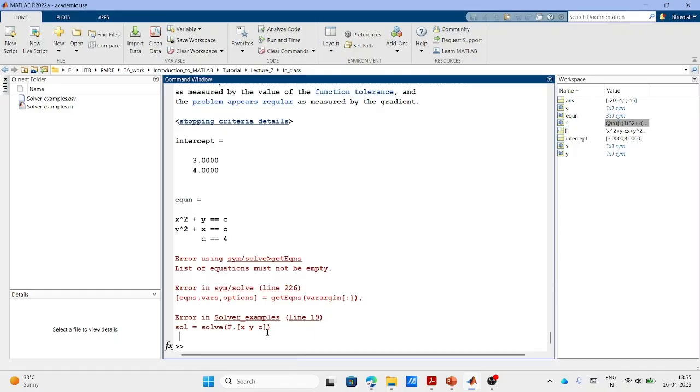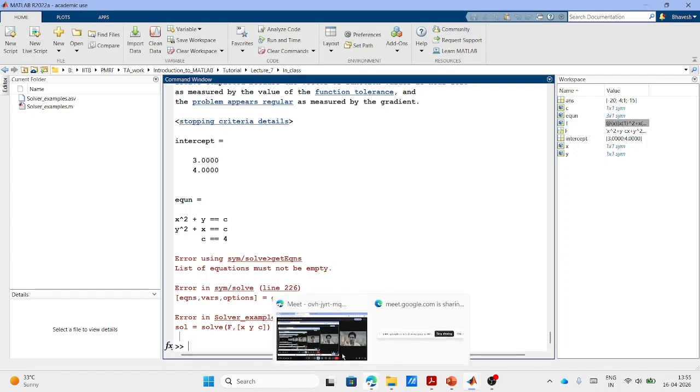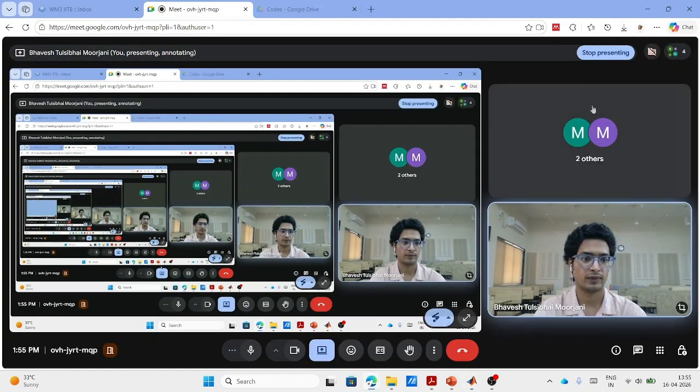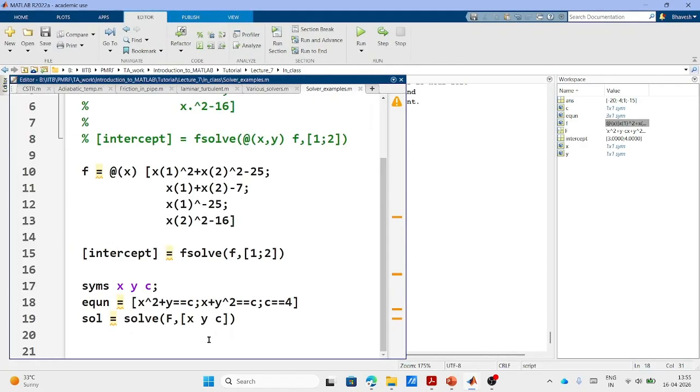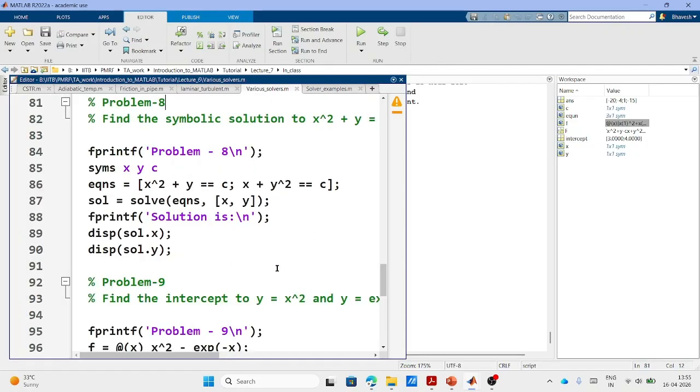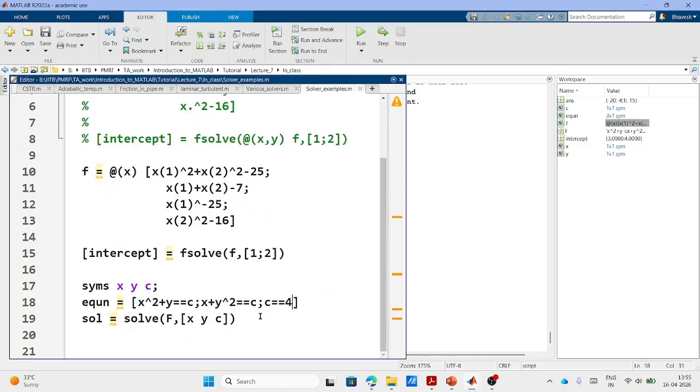Get equations. So here, I think people are starting to join. Yeah, okay. So you have the equations that we provided: x square plus y is equal to c, x plus y square is equal to c, and I'm using solve. Just give me a minute.